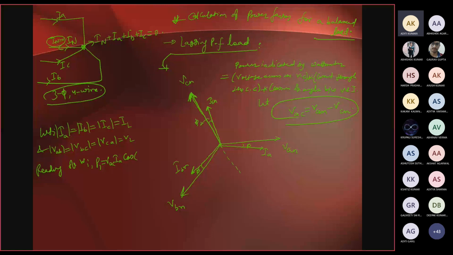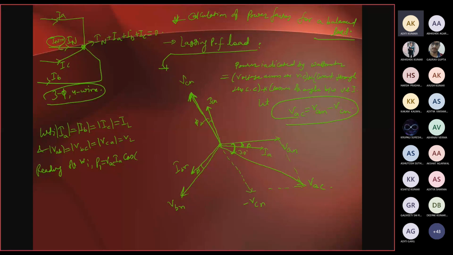Now the phasor summation of these two will give you VAC. Now this angle you already know, this is phi, right? अब ये एंगल क्या है ये बताओ, ये एंगल कितना होगा बताओ. Means VAC और VAN के बीच का एंगल, right? This will be 30 degree.